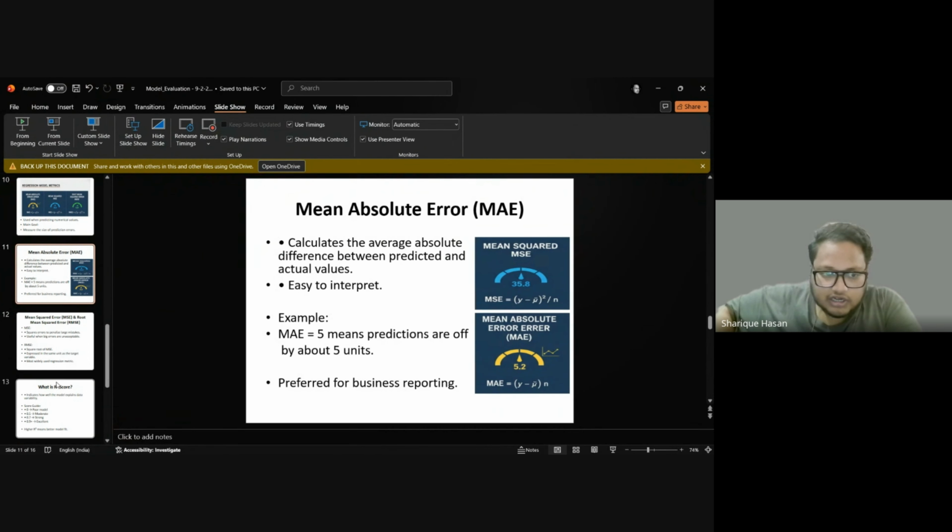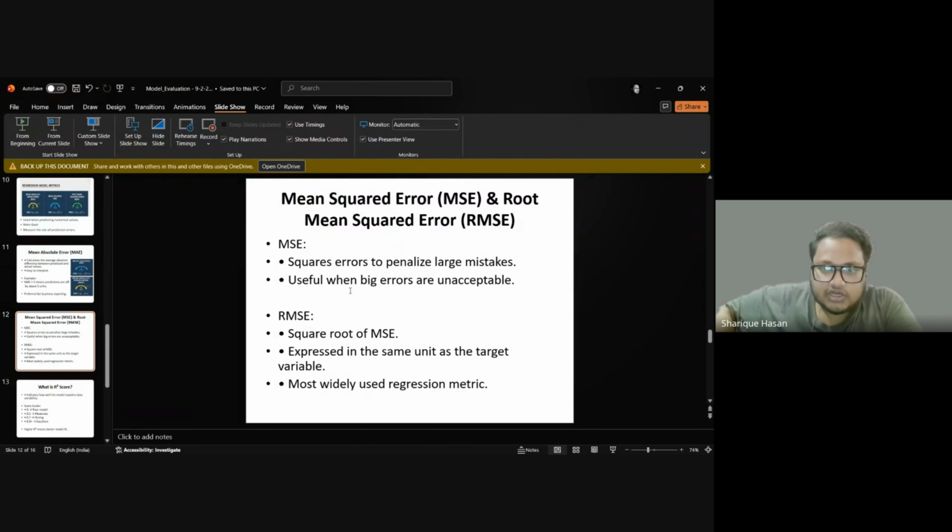The root mean square error is basically the square root of the MSE, expressed in the same unit as the target variable. It is one of the most widely used regression metrics for calculating errors.